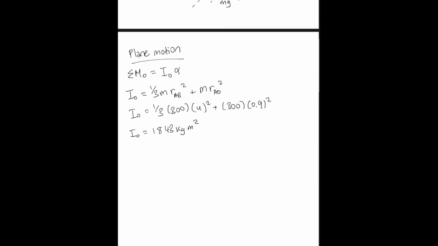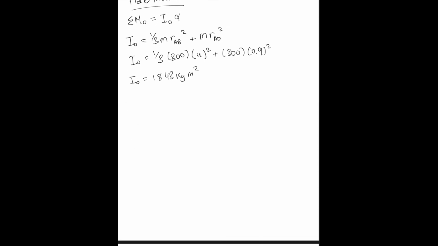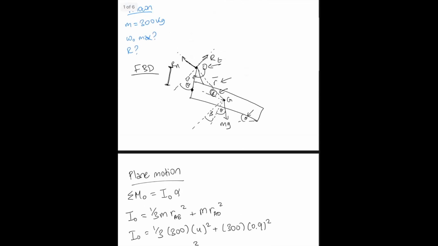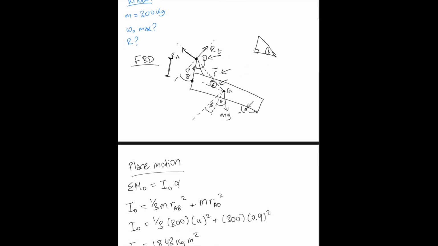Okay, so beta is going to be equal to, here we've got a little right angle triangle with beta in the middle.